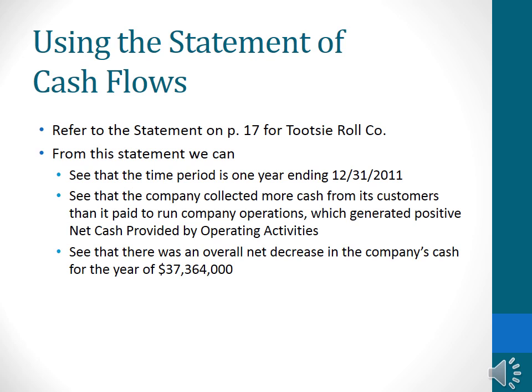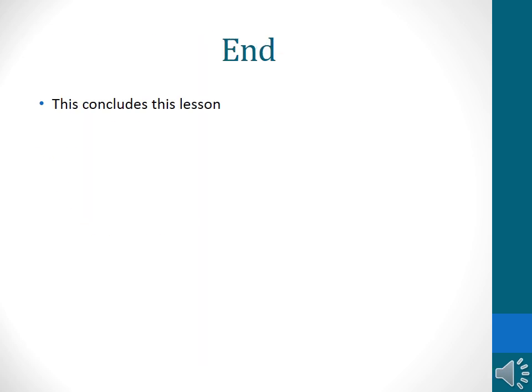And this generates net cash provided by operating activities. We can also see there was an overall net decrease in the company's cash for the year of over $37 million. That's a lot of cash decline. This is the end of the financial statements lesson.